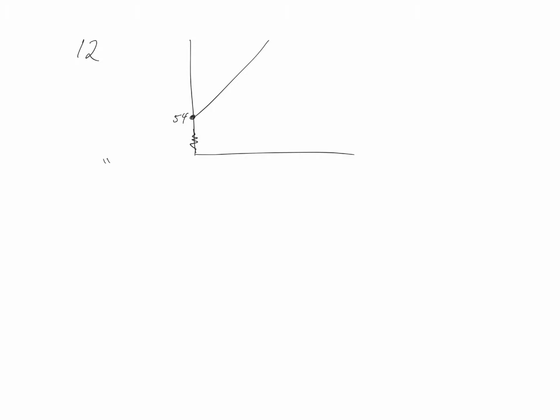So my b value is 54, and that's my b value from y equals mx plus b. So if we look at the answer choices, the only possible equation that could be correct is an answer choice with 54 at the end as just a single number. 54 right here. So the answer is C.